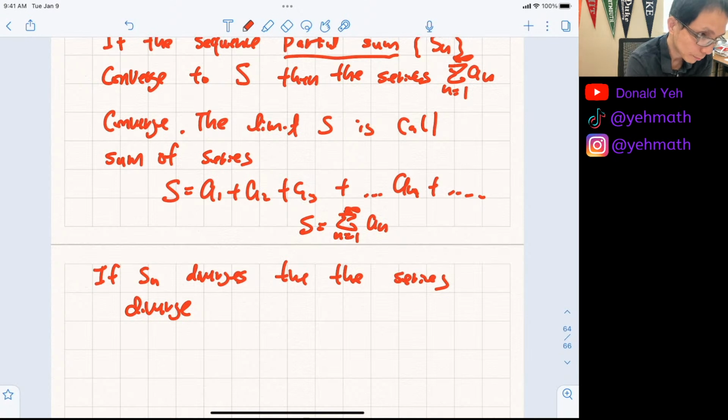If the partial sum converges to s, then the infinite series converges. The limit s is called the sum of the series. If it diverges, that means it's going to go to infinity or oscillate. That's definitely divergent. If it goes to a specific number, then it converges.